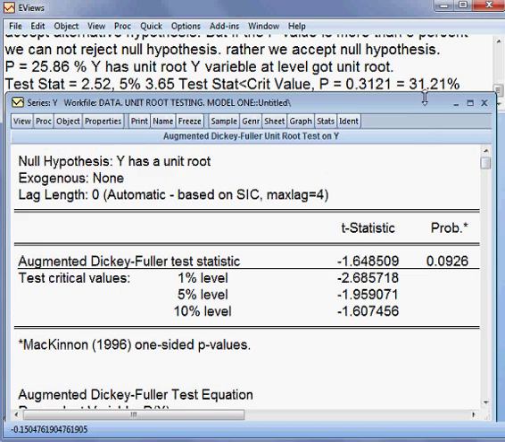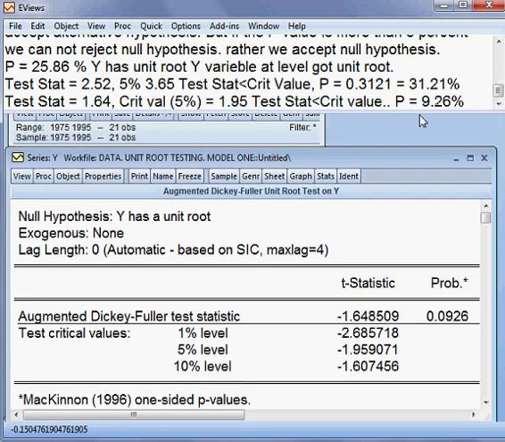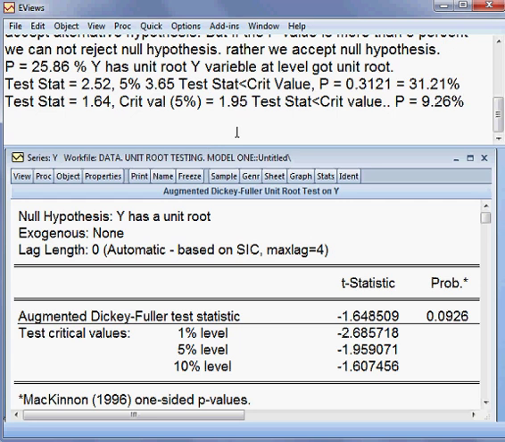So what is our decision after checking 3 models?